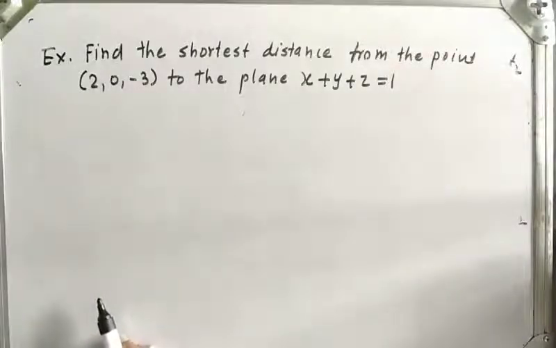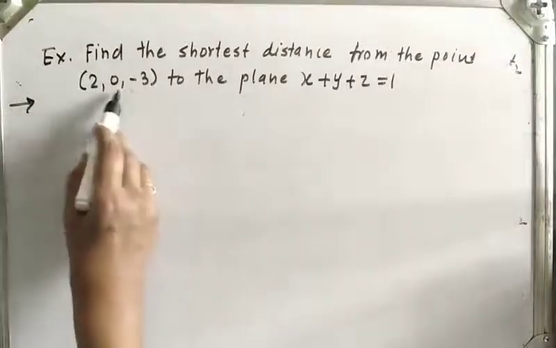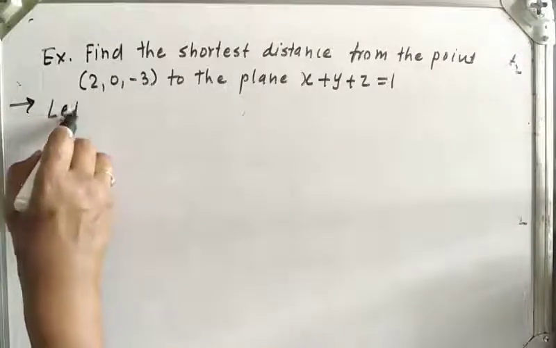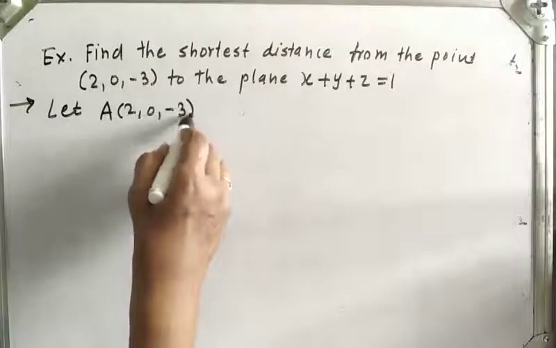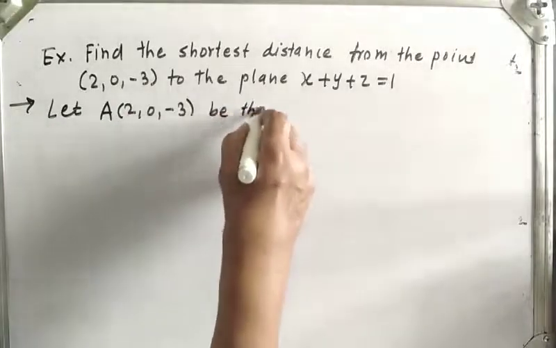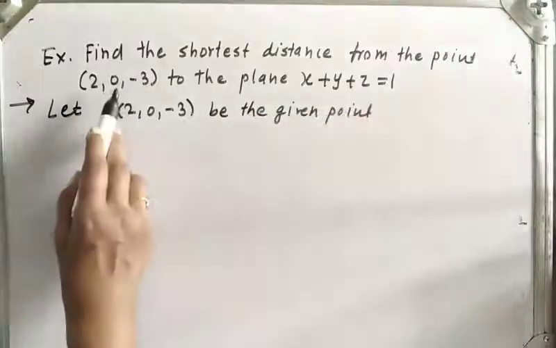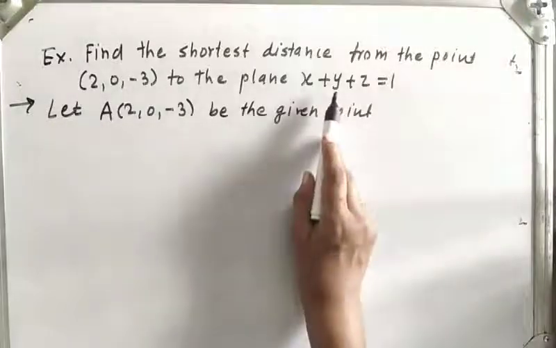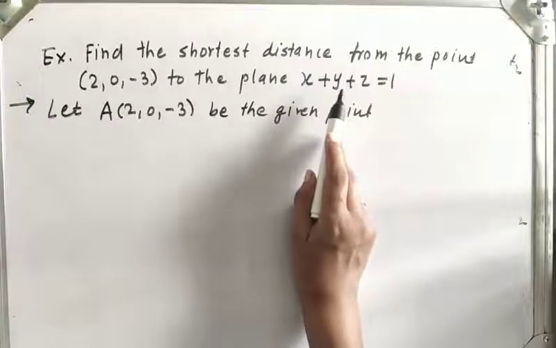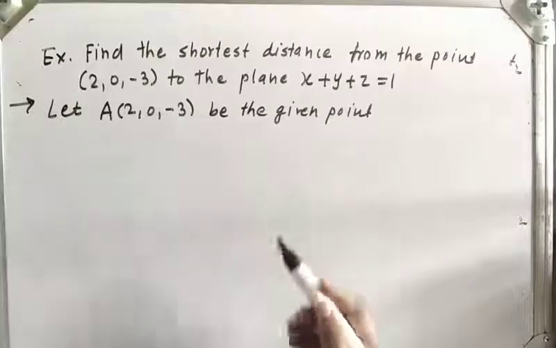So let us solve it. Let us consider this point as A. So let A (2, 0, minus 3) be the given point. We have to find out the shortest distance of this point to this plane. So let us consider there is a point such that the distance between (2, 0, minus 3) and that point is minimum.